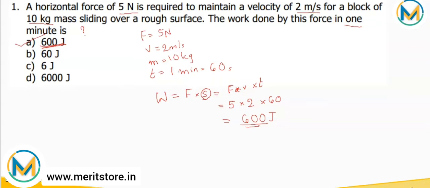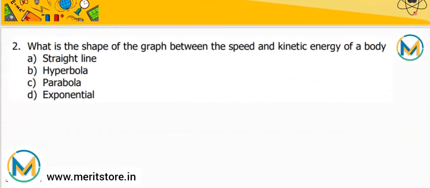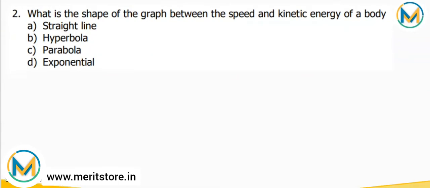Looking towards the next question: what is the shape of the graph between the speed and kinetic energy of a body? Will it be a straight line, hyperbola, parabola, or exponential? We know the formula that kinetic energy is equal to half mv square.